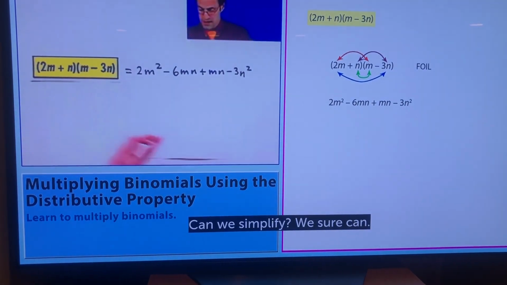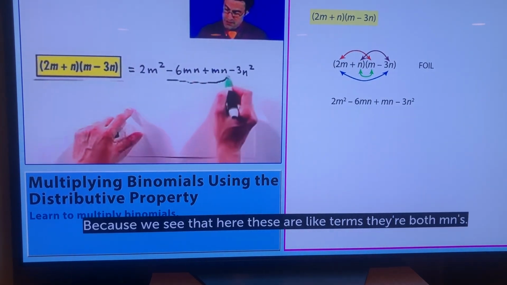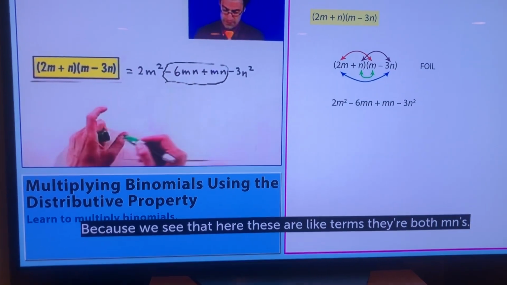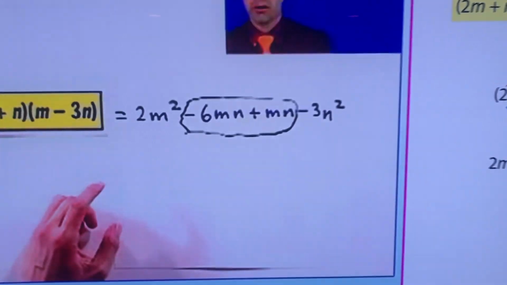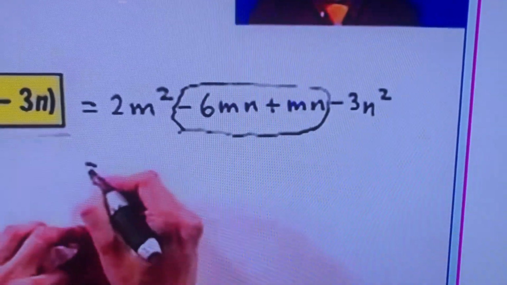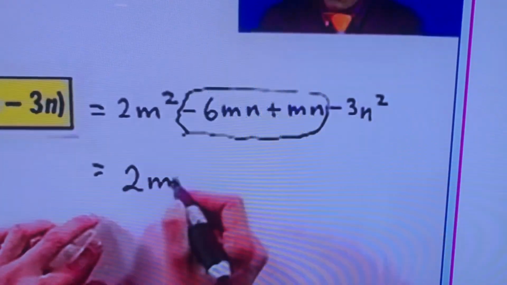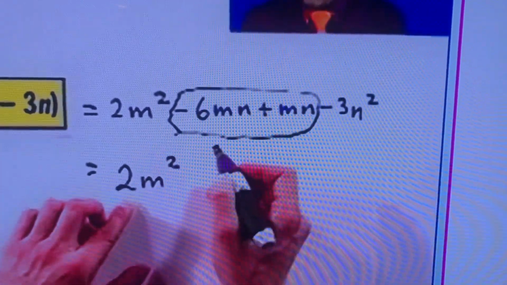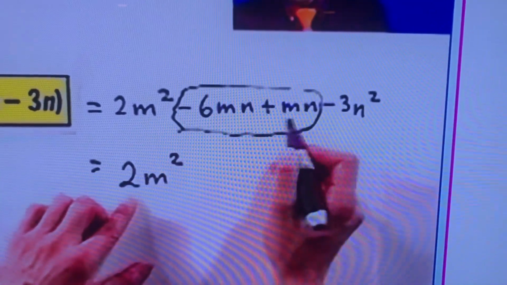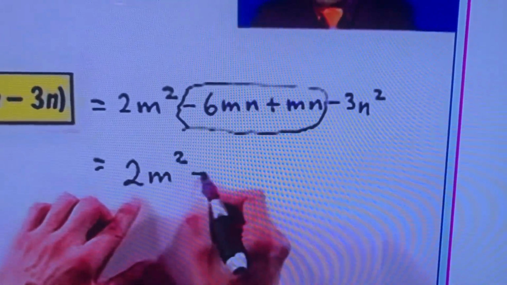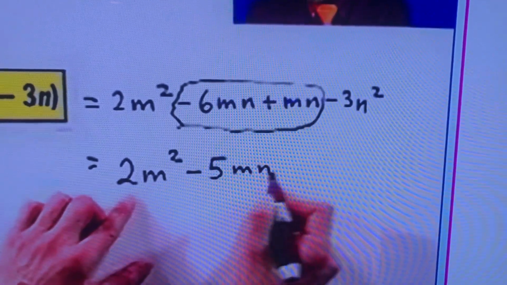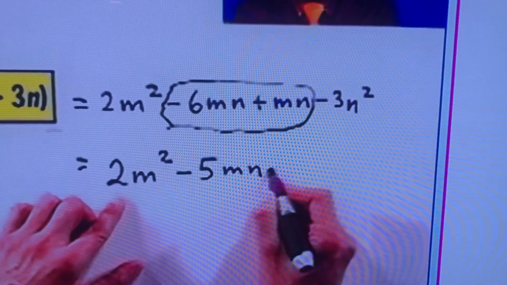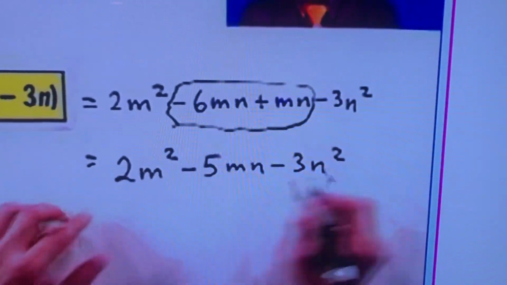Can we simplify? We sure can, because we see that these are like terms. They're both mn's. So when I combine, the first term is 2m squared. And then I have a negative 6mn plus mn, that's minus 5mn. And then I have minus 3n squared.